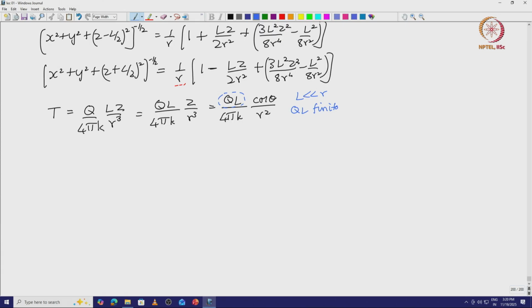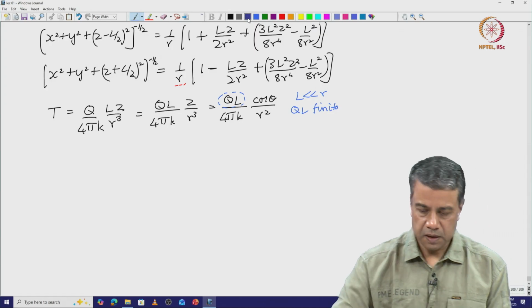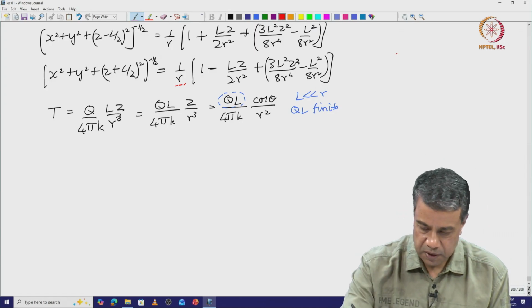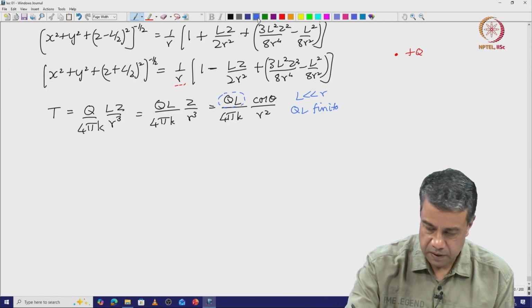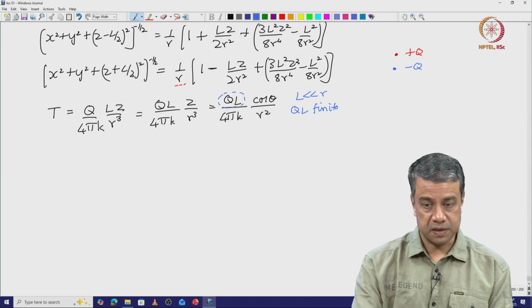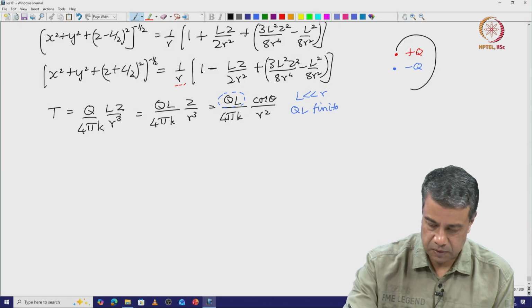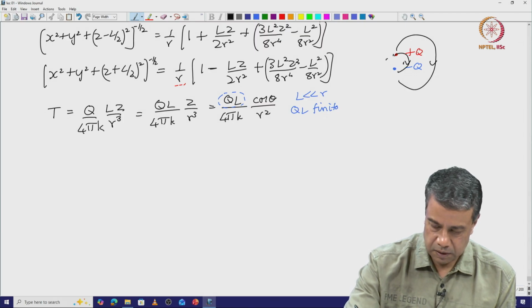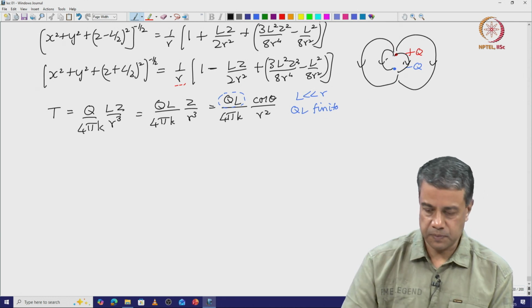And the way that this will look is that you will have a point source plus Q, and you will have a sink minus Q separated by an infinitesimal distance. And you will have heat flux lines that originate at the source and then go to the sink. So this is what is called a point dipole.